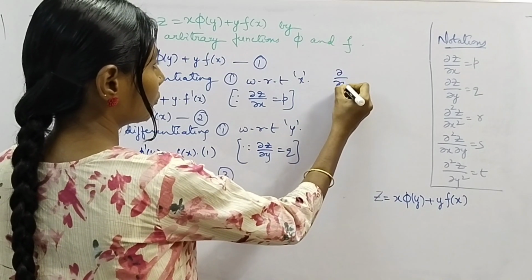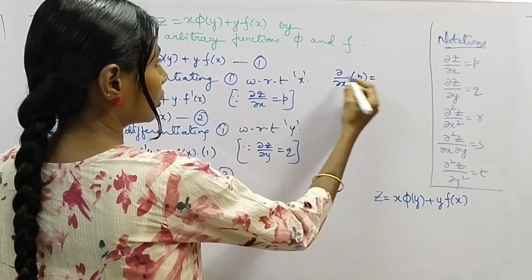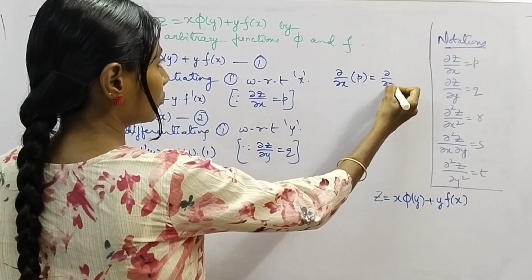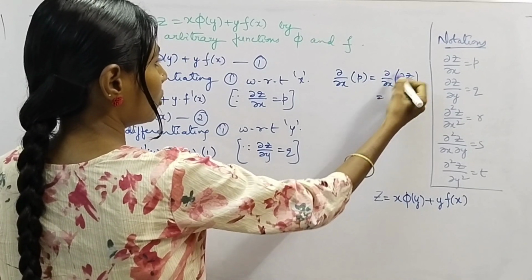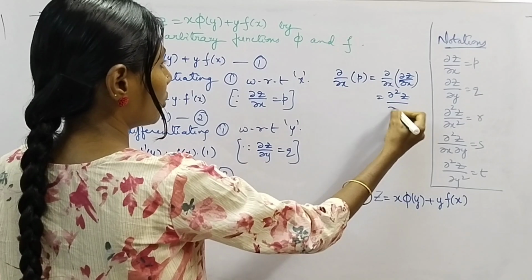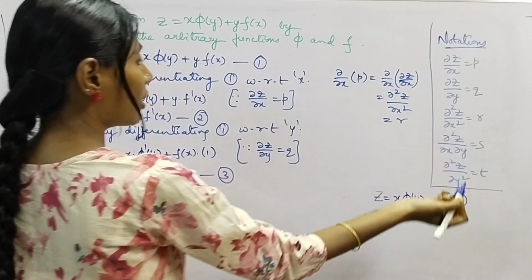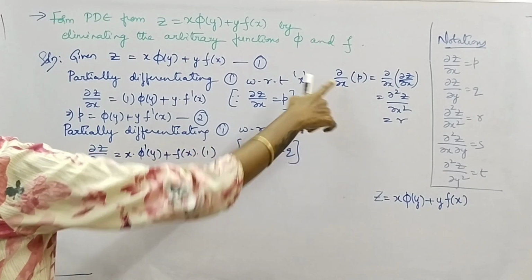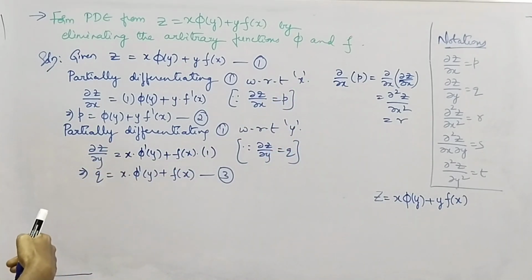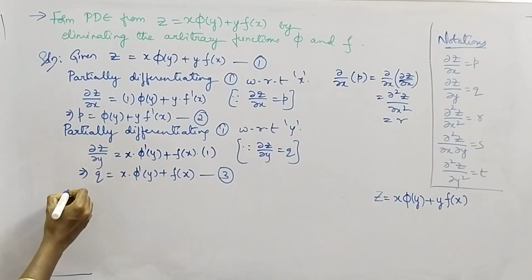See, p is nothing but dou z by dou x, right? Again, we can write this as dou square z by dou x square, which is r, right? R is nothing but the partial derivative of p with respect to x.